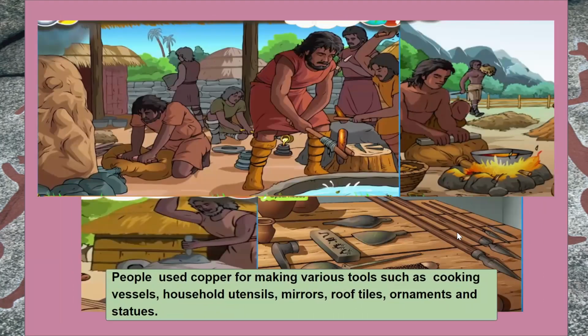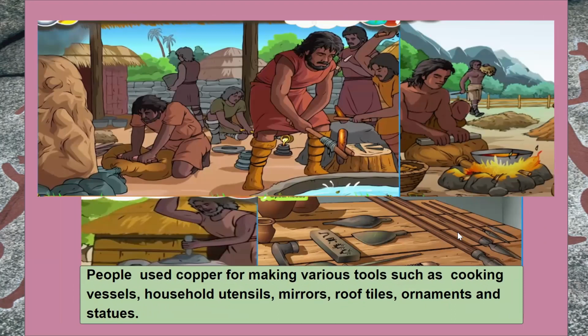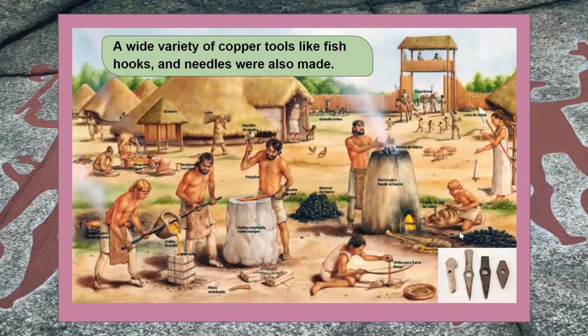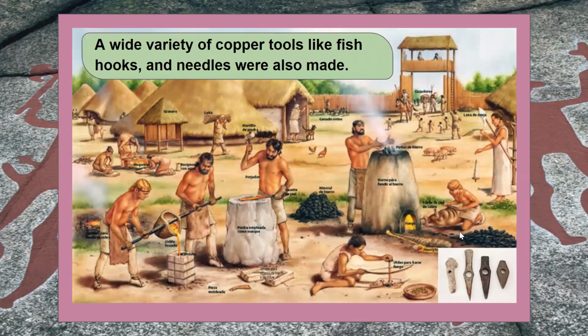People used copper for making various tools such as cooking vessels, household utensils, mirrors, roof tiles, ornaments, and statues. A wide variety of copper tools like fish hooks and needles were also made.